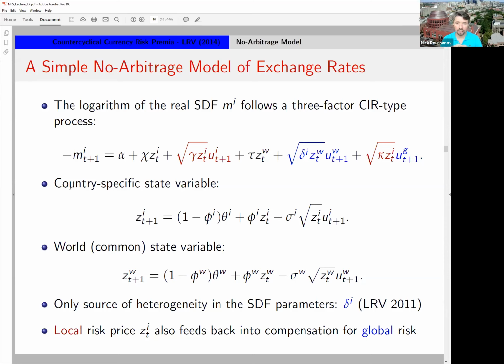So if we're talking about these reduced form stochastic discount factors, what we ultimately want to understand is the conditional means that are going to determine the interest rates and interest rate differentials, and conditional variances, which drive the risk premium, again, as Adrien discussed in his lecture.